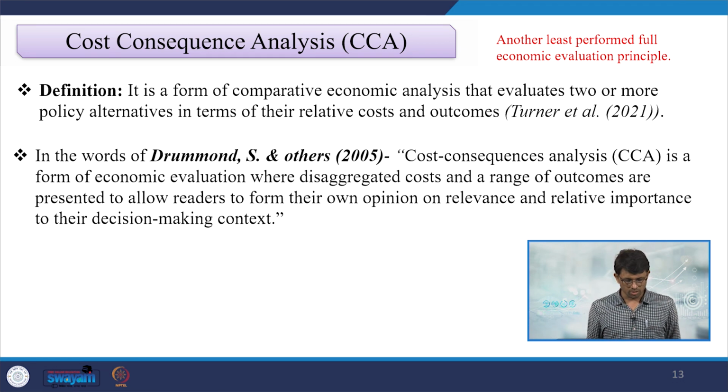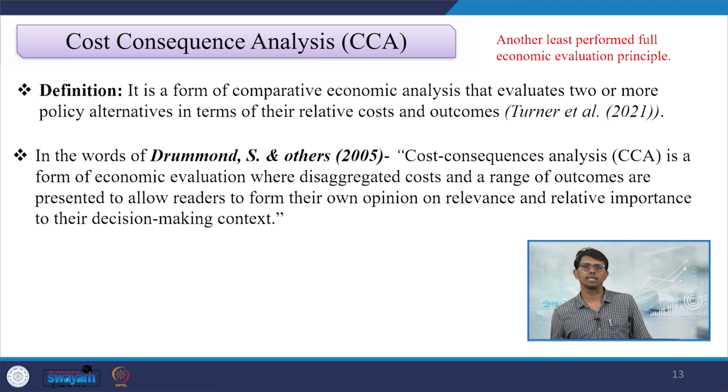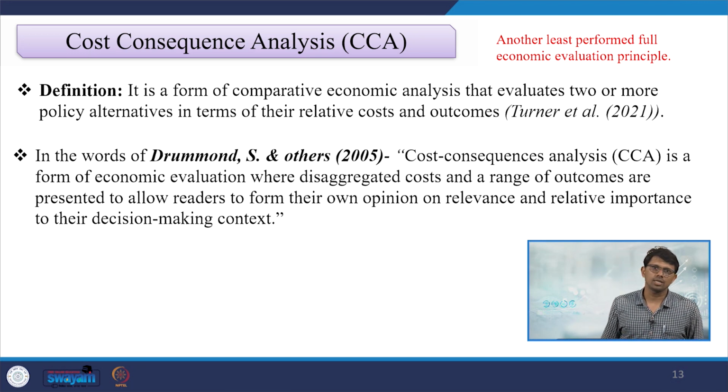In the words of Drummond and others, 2005, cost consequences analysis, that is CCA, is a form of economic evaluation where disaggregated cost and a range of outcomes are presented to allow readers to form their own opinion on relevance and relative importance to their decision making context.